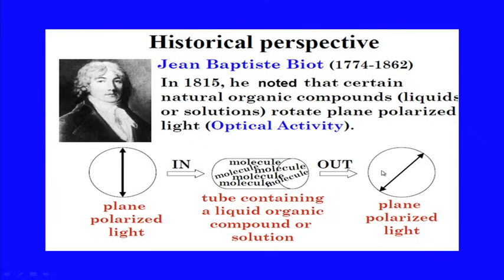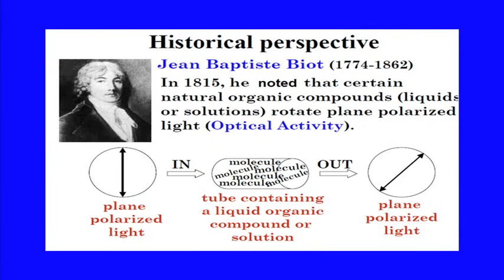Okay. So, this was shown by Biot, a French scientist who discovered this phenomenon, that there are some molecules where if you pass the plane polarized light, the plane of polarization undergoes a rotation, and you can see the amount of rotation, and that is characteristic of the sample.